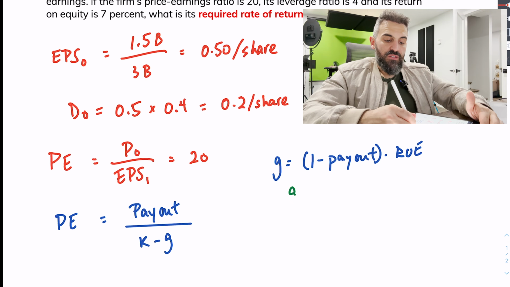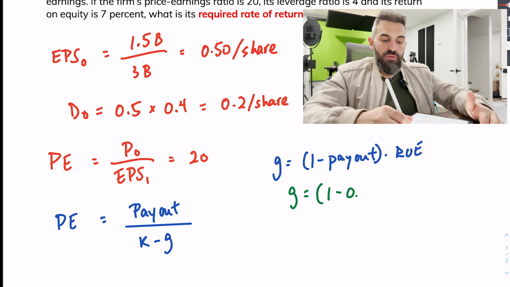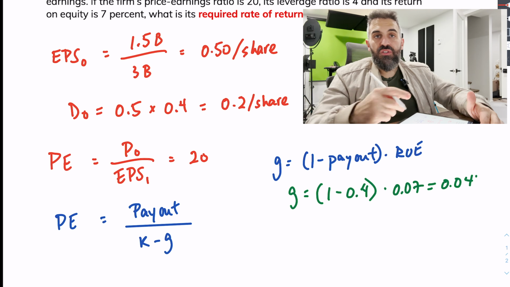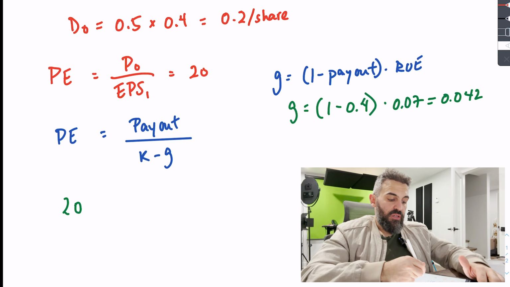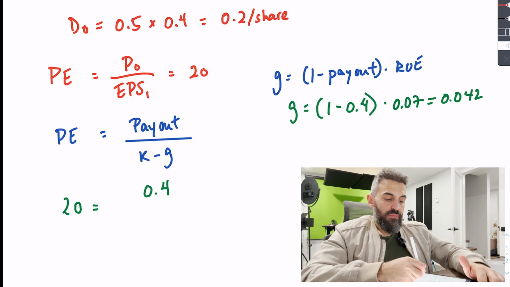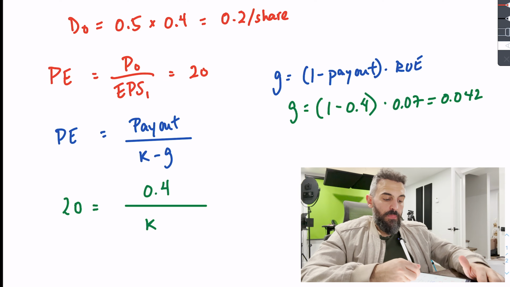The growth rate is 1 minus 0.4 times the ROE of 7%. So that gives us a growth rate of 4.2% or 0.042. Next, they've given me the PE ratio. They've given me the payout ratio. I'm being asked to find K, and now I know the growth rate.